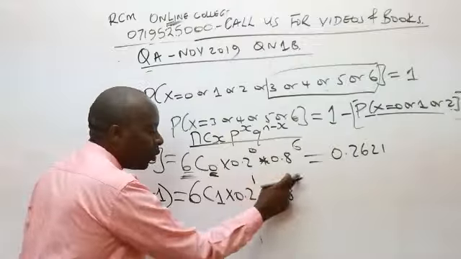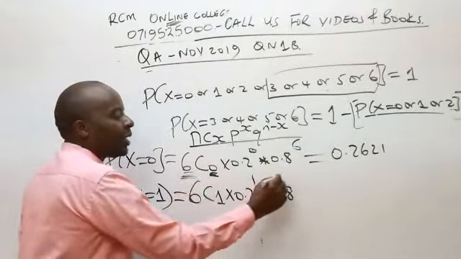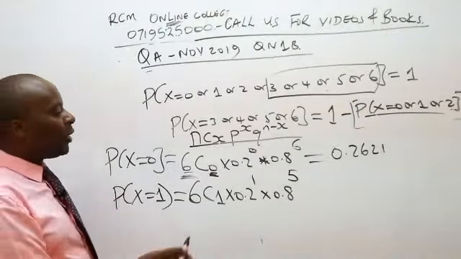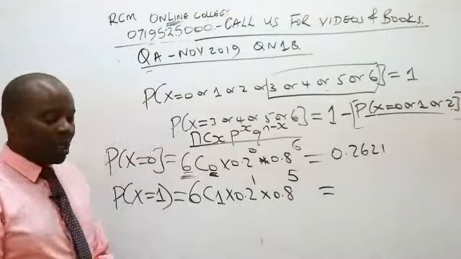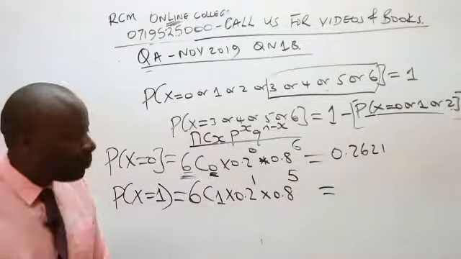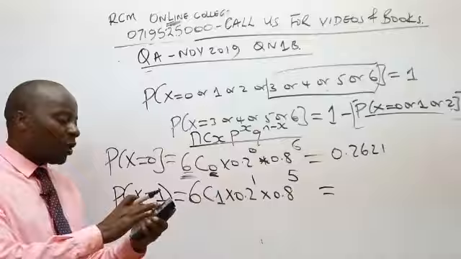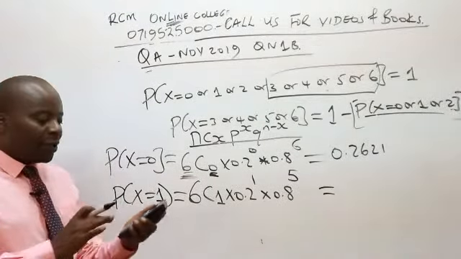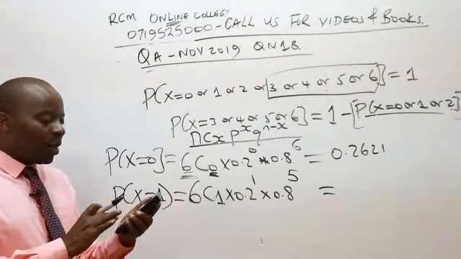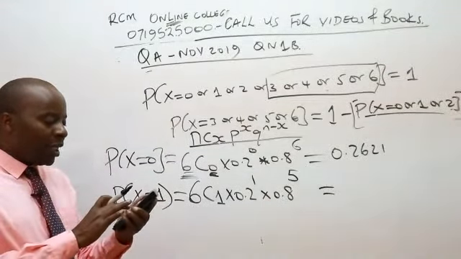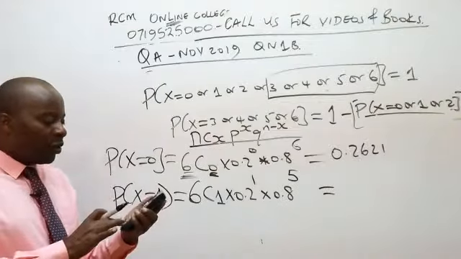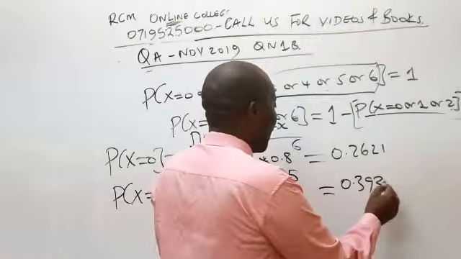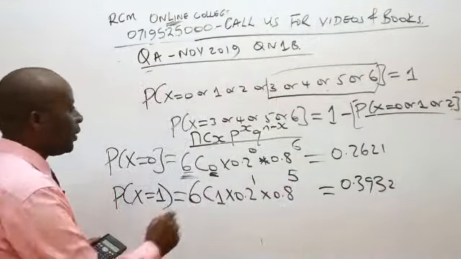I know that the two powers must always add up to this n. It means that the power of Q will be 5. So ladies and gentlemen, again, armed with your calculator, press 6 combinations 1, times 0.2 raised to power 1 times 0.8 raised to power 5, which at the end of the day will give us 0.3932.